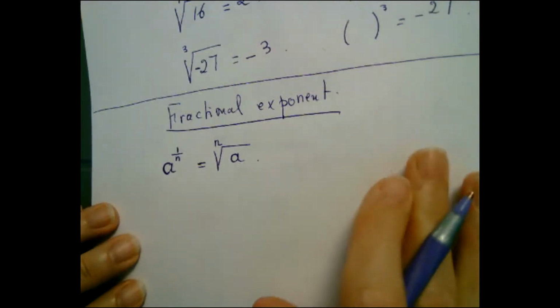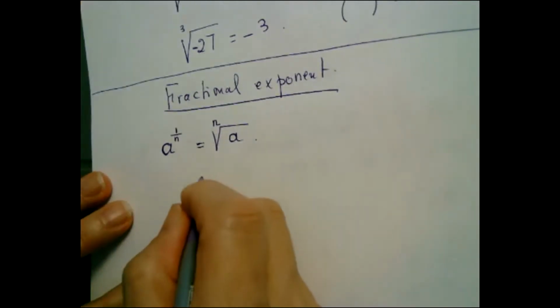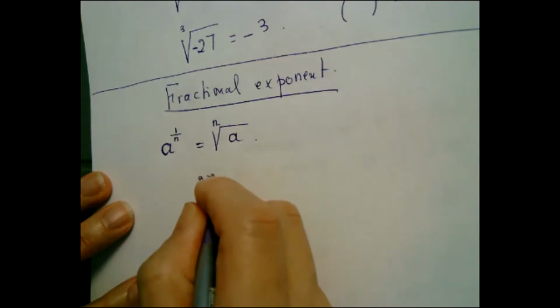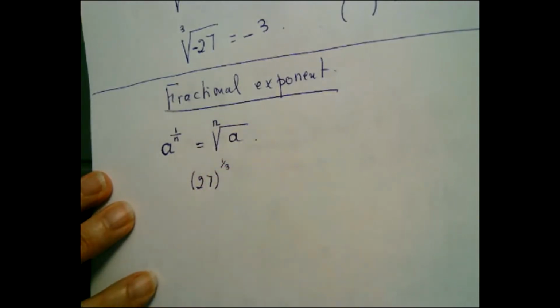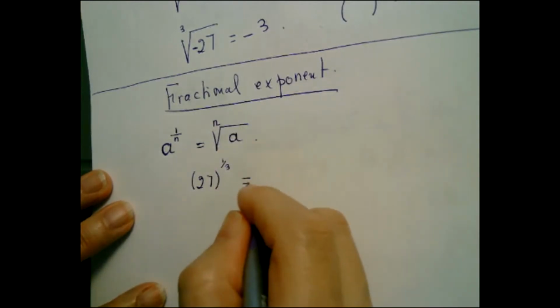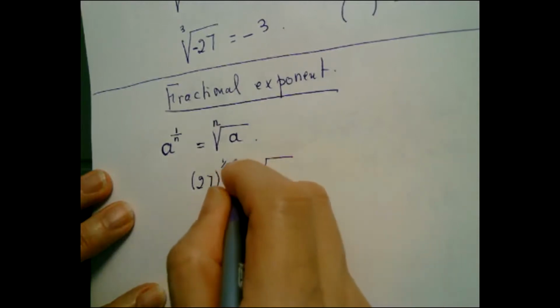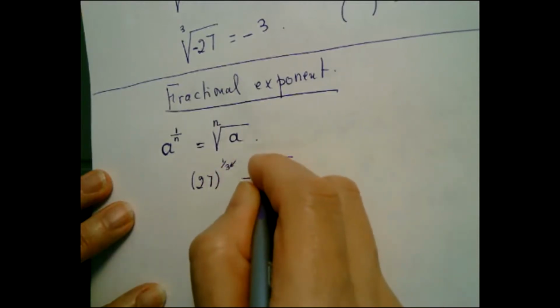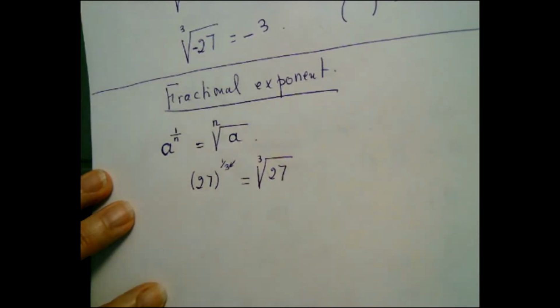That's crucial, and that's important. So if you see something like 27 to the power a third, what does this mean? It's nothing more than the cubic root of 27. So it's just another way to write that.